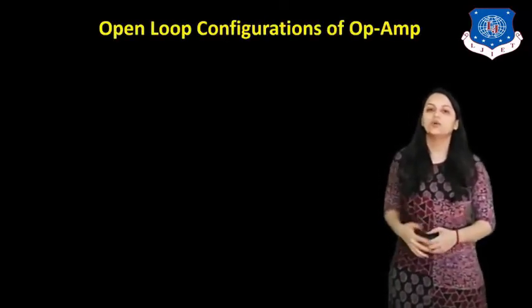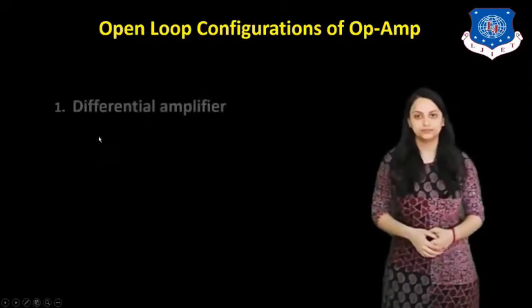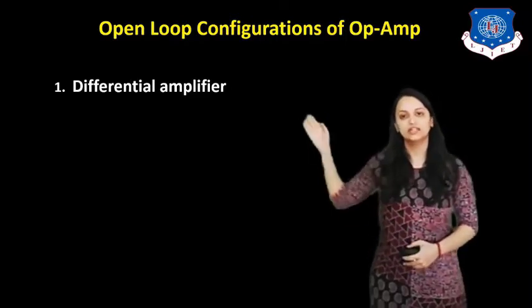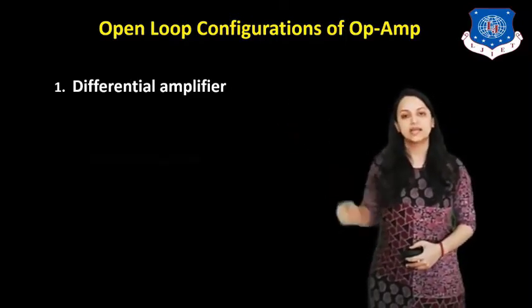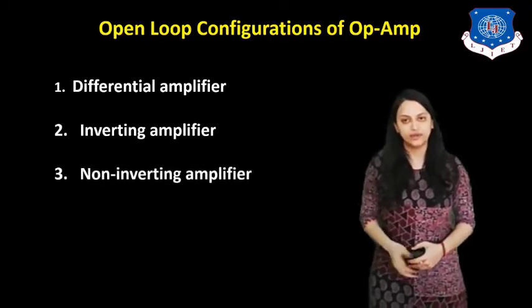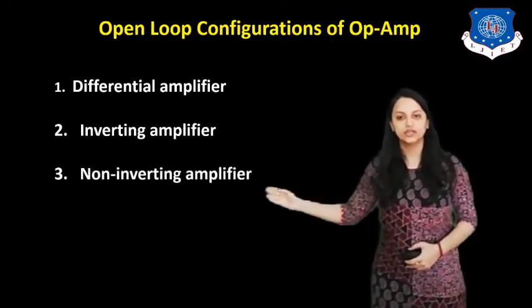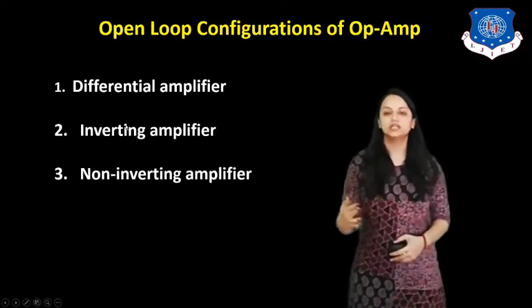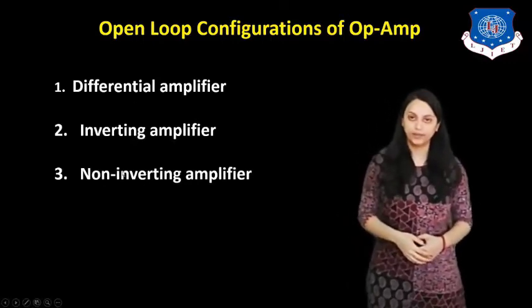Now, let us see the open loop configurations of op-amp. There are basically three open loop configurations. First one is differential amplifier, second one is inverting amplifier, and the third one is non-inverting amplifier. So these are the basic three open loop configurations of op-amp.